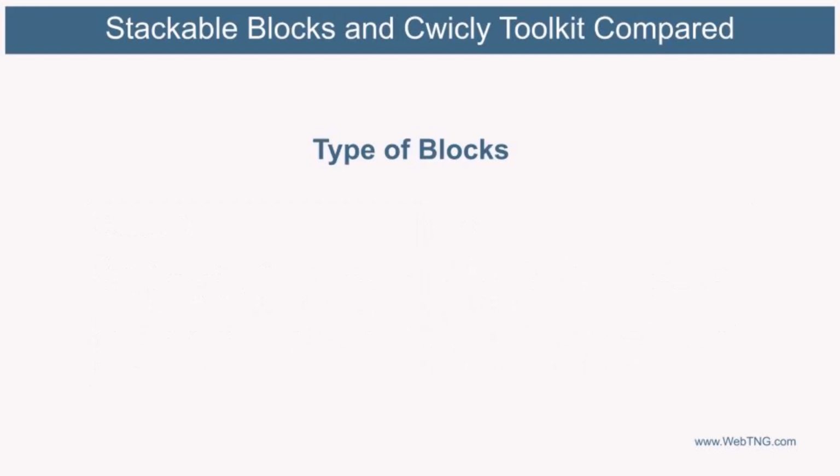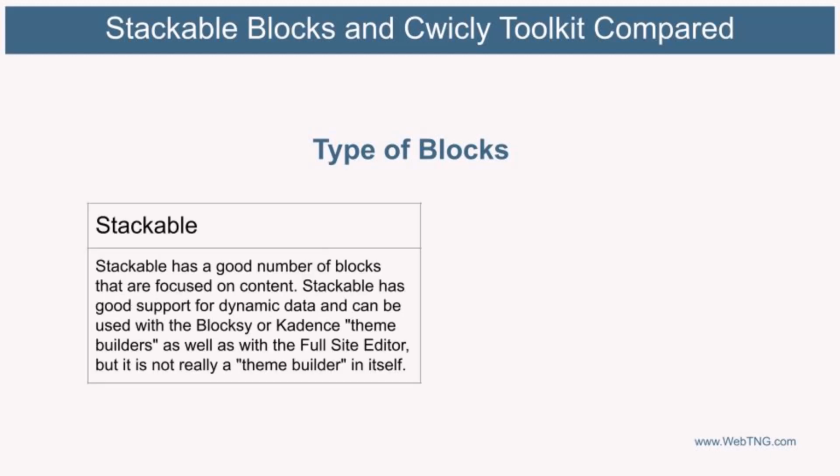Okay, next, if we look at the type of blocks available, Stackable has a good number of blocks that are focused on content. It has good support for dynamic data, and it can be used with the Blocksy or Cadence theme builder, as well as with the full site editor, but Stackable by itself is not really a theme builder.